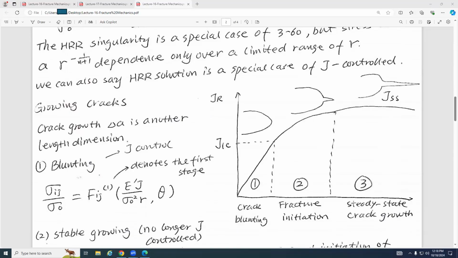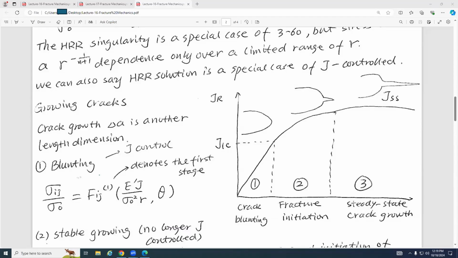Usually, if there is no plasticity, the crack will grow very quickly, right? Do you guys agree? This we call cleavage.